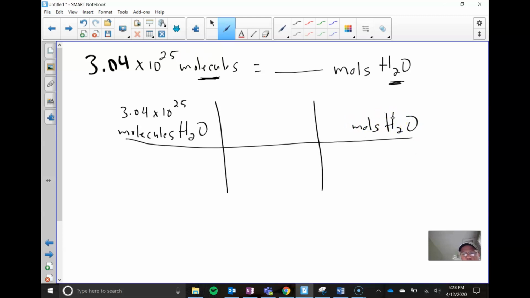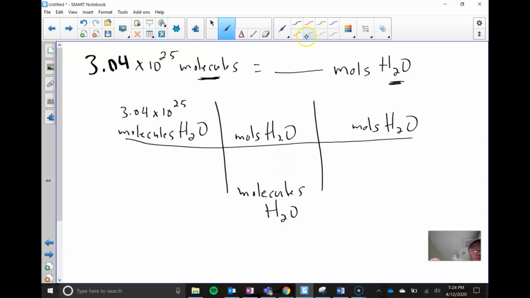Okay, so now that you place what you have and what you've been given, this is where you come down and you place the other units. So I'm needing to cancel out molecules of water. So that goes here. I'm trying to get to moles of water, so that goes up here. Now, the numerical relationship between moles and molecules.